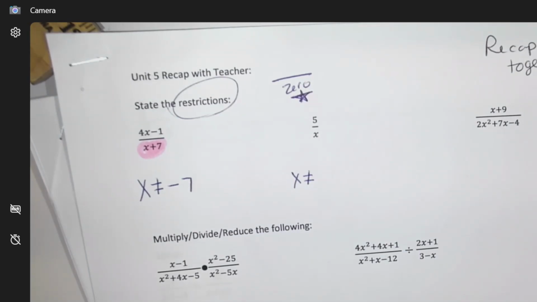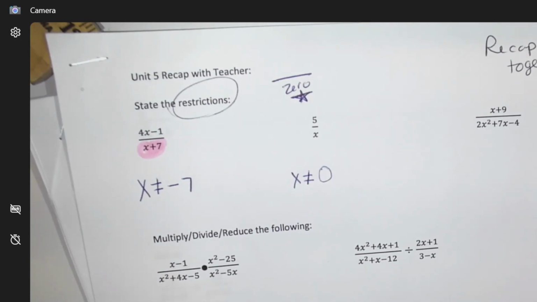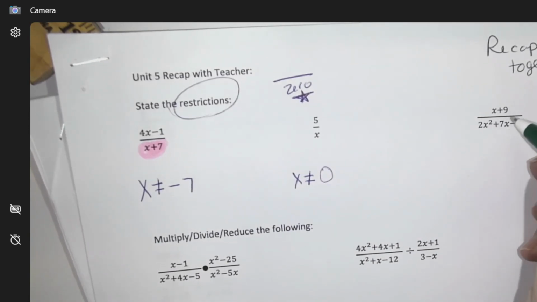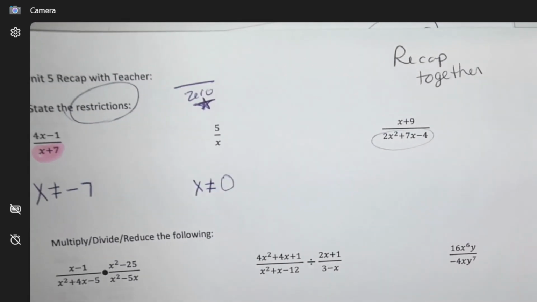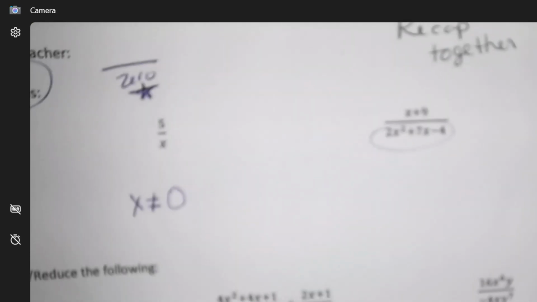On this one, I can't have x be 0, or the bottom would be 0. This one, I'd have to do some work, so I'd have to factor it, and I recognize it as not a GCF, but a complex trinomial.